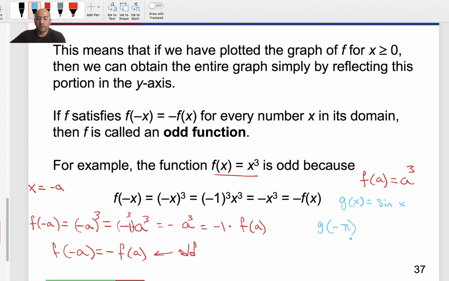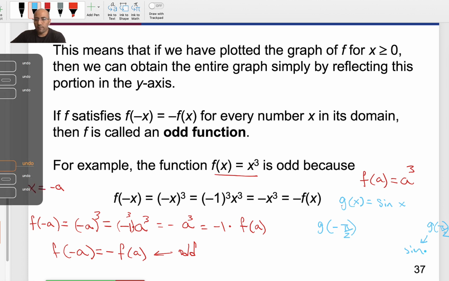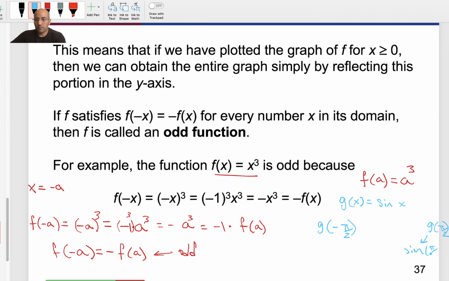And how does that compare to g of pi? Right? You want to see what's the relationship between these two. Okay, well, g of pi, that's going to be sine of pi. Oh wait, actually I don't want that. I want, say, pi over 2, negative pi over 2. So sine of pi over 2, well, that's just going to give you a positive 1, right?